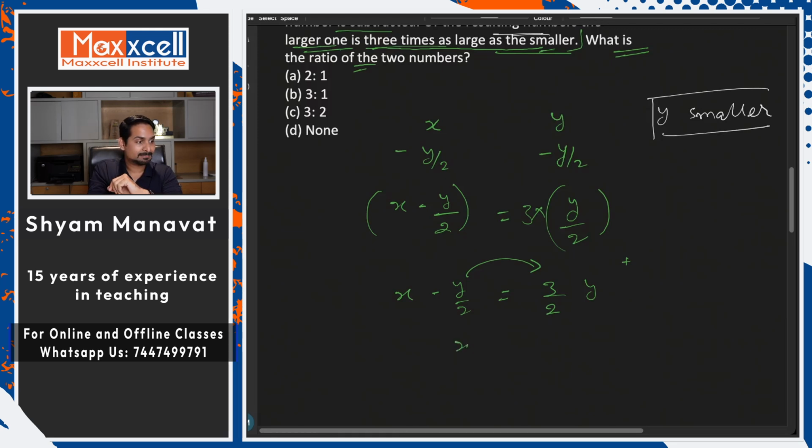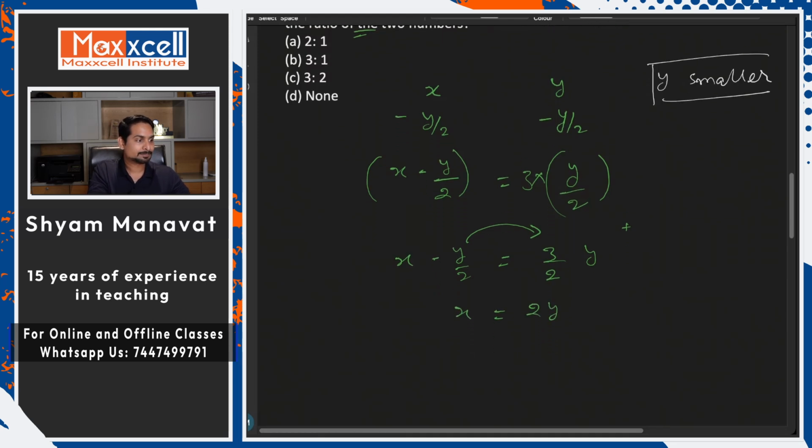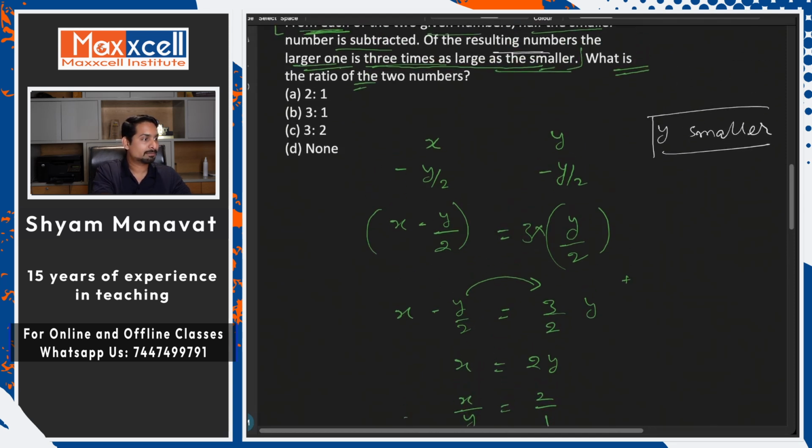So x will be nothing but 2y. Don't waste much time writing all the steps. Now the question is x upon y, the ratio of these two numbers, that should be 2 by 1. So the answer is 2:1.